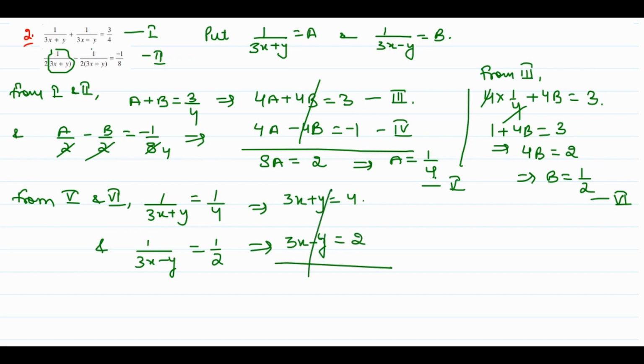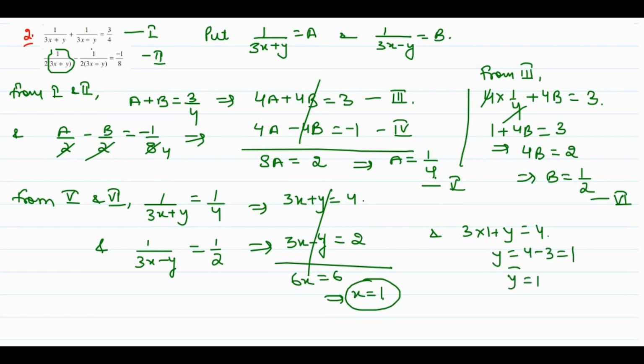Straight away add them, y will get eliminated. We'll have 6x is equal to 6, implying x is equal to 1. So this is one of the values, and 3 into 1 plus y is equal to 4. So y is equal to 4 minus 3, that is 1. So y equal to 1 is the other value.